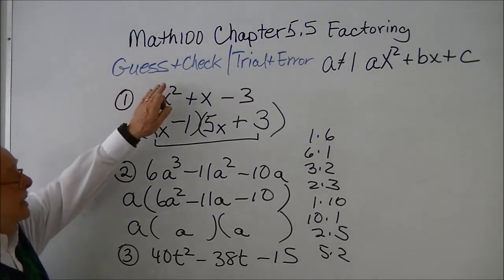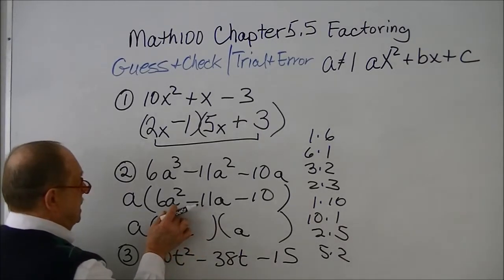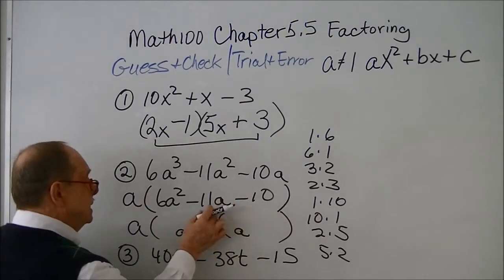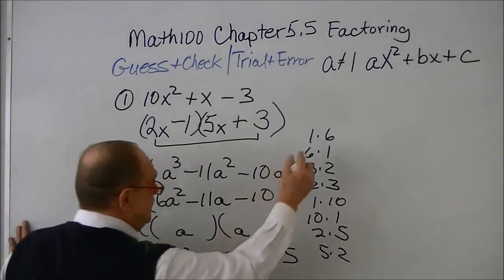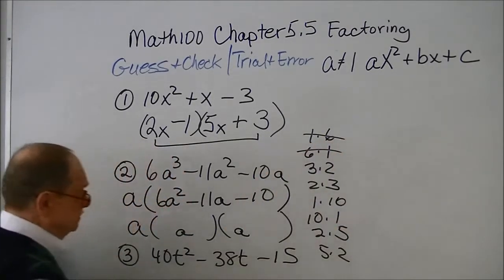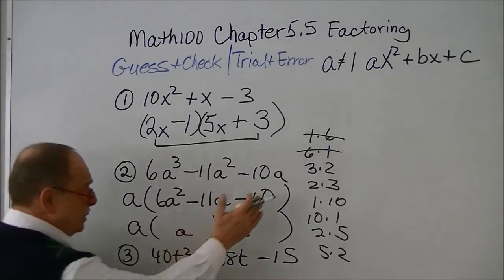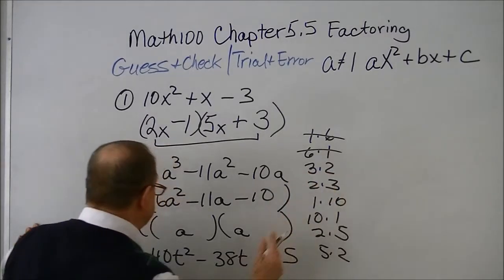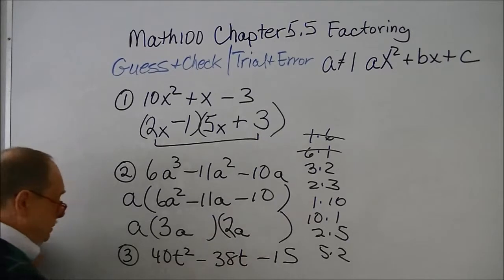So a lot of guessing and trial and error going on here. Now I'm going to say that since this is a 6, this is a 10, this is 11, I don't think these are going to be involved. So what I'm going to do is go with the lower numbers first. So let's try a 3 and a 2 there. A 3 and a 2.